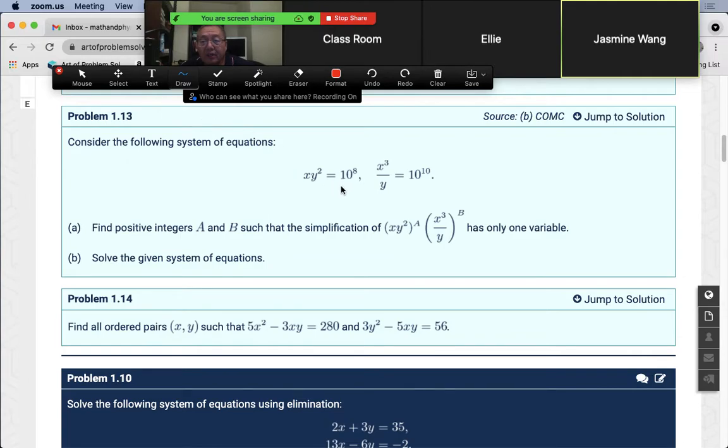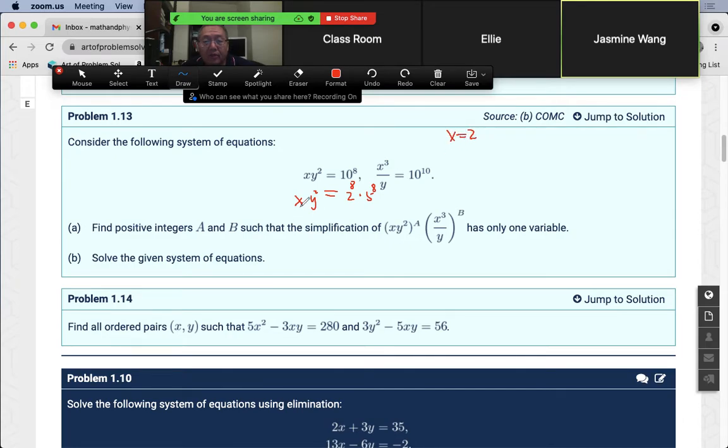Okay. Actually, we can start from here. Because here we can write, okay, let's see what we can do here. We can write 10 equals 2 times 5. So this is a power 8. This also power 8, right? This is x times y squared. So suppose x equals 2.